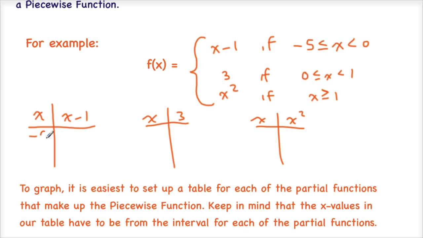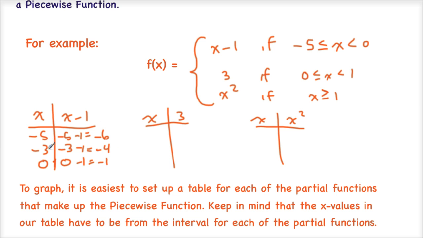So I plug in -5, pick a point in the middle, -3, and then we could put 0, but just remember that that's going to be an open point. So -5 minus 1 is going to be -6. -3 minus 1 is -4. And 0 minus 1 gives me -1. So these points are going to represent f of x on that interval. So -5, -6, -3, -4, and 0, -1.